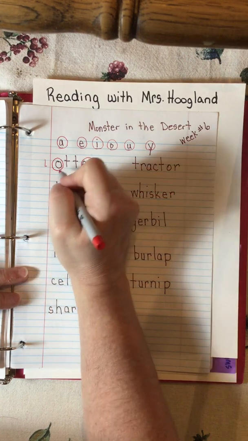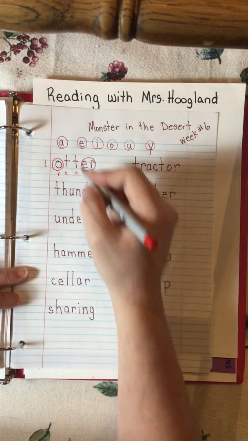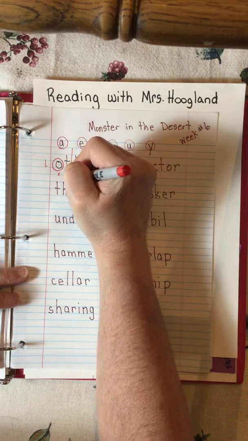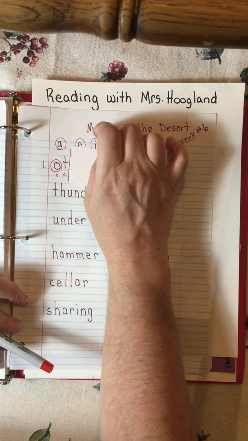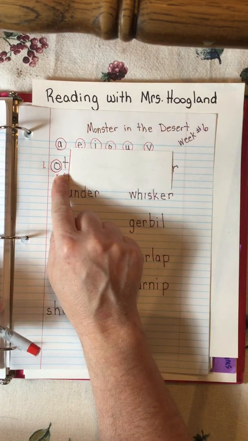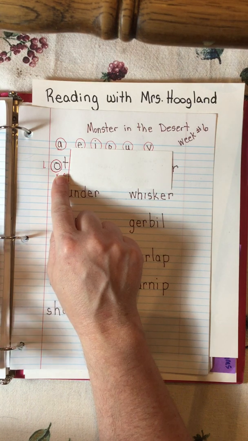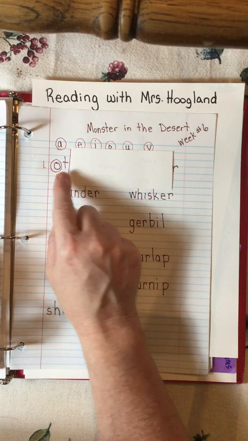Now, I also see that this is a vowel, consonant, vowel, which means we're going to split this word right here. If we split it right there, we have a closed syllable in the first part. And remember, every syllable has to have a vowel or vowel team or vowel chunk. So this vowel should be short. So we have "ot."